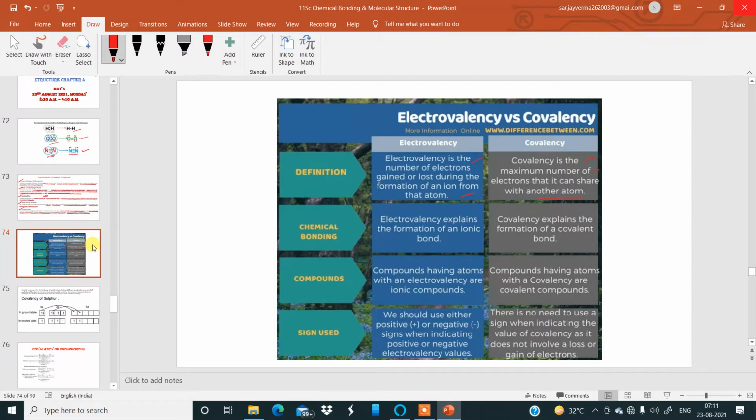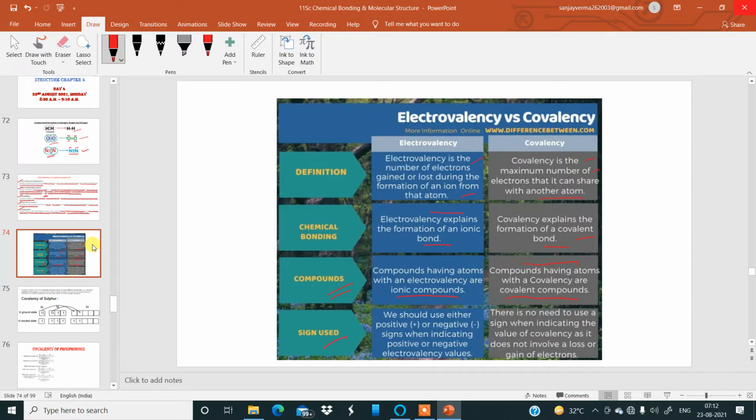With regard to chemical bonding, electrovalency involves the formation of an ionic bond, whereas covalency explains the formation of a covalent bond. Regarding compounds, compounds having atoms with electrovalency are ionic compounds, whereas compounds having atoms with covalency are covalent compounds.